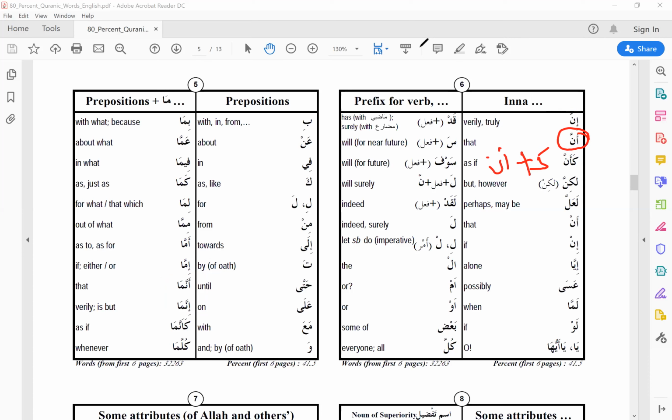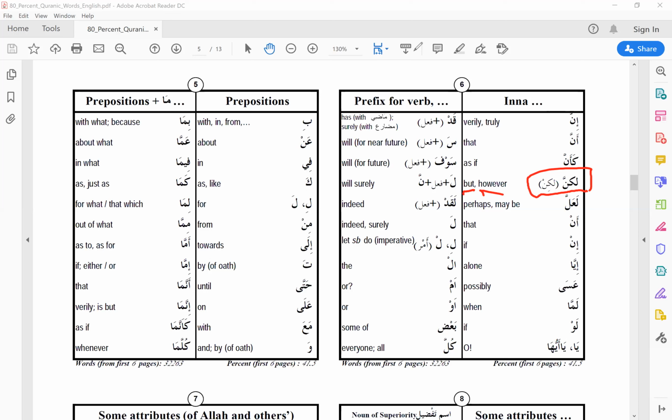All right. Lakin, or lakinna, lakin. Now here's lakin. It's actually put together. You can't really decompose it. Lakin would mean but or however.